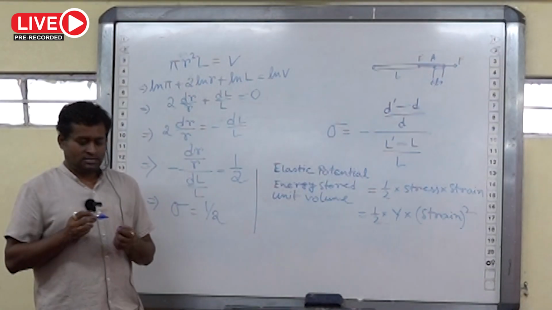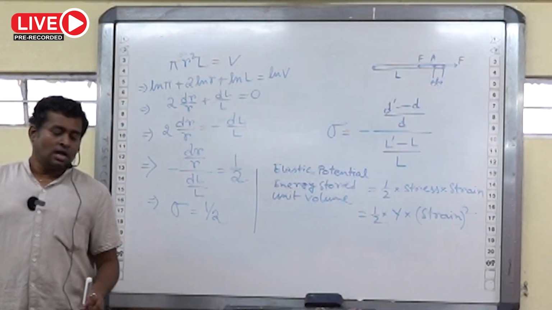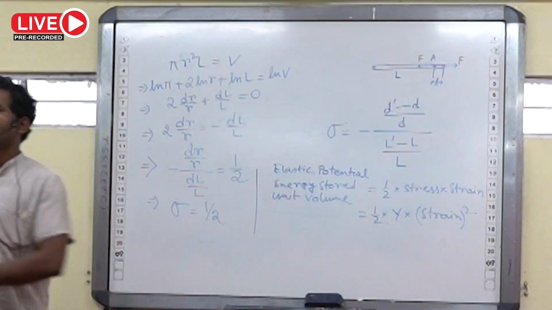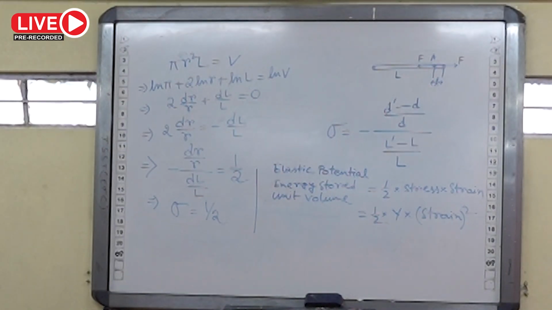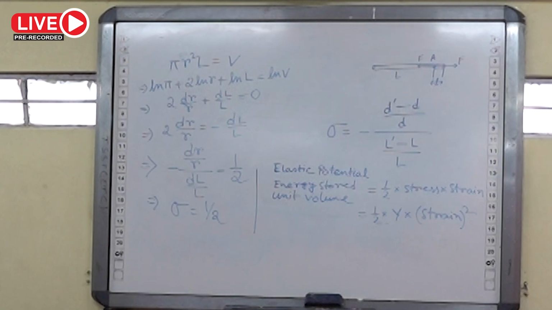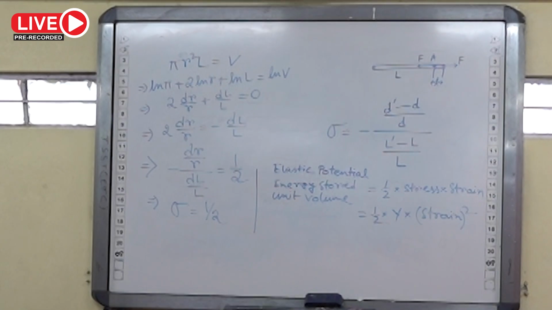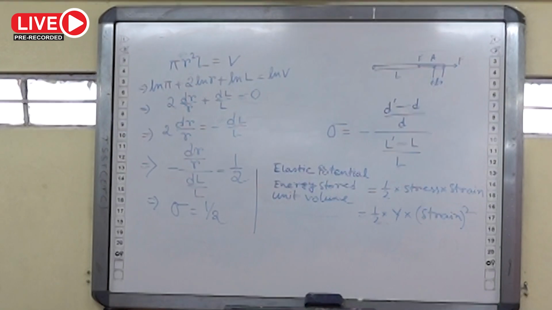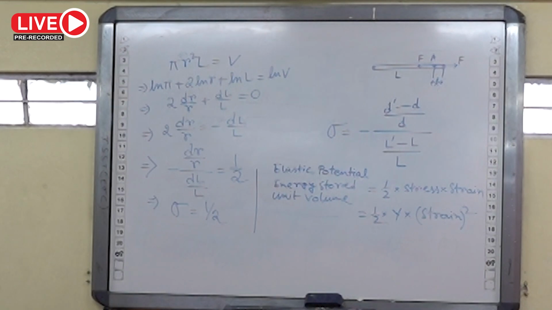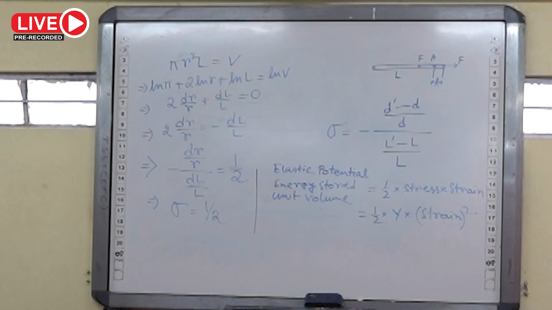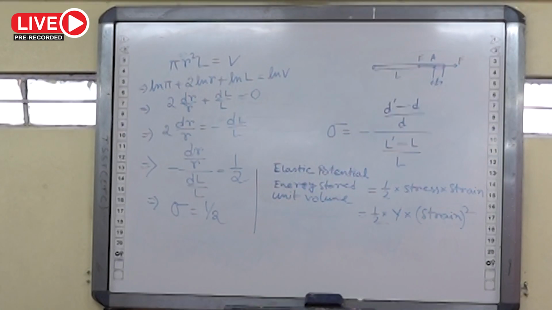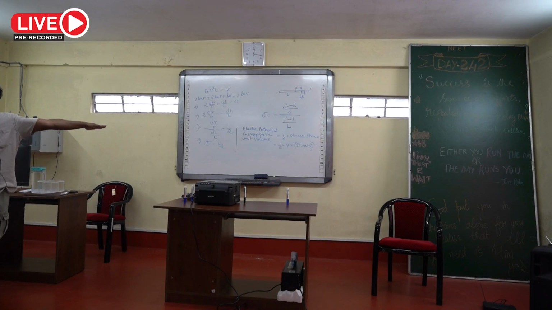Either format can be used, because if you are stretching a wire, then in the stretched wire some elastic potential energy will be stored. Then elastic potential energy per unit volume, that is elastic potential energy density. It is half stress into strain, or half into Young's modulus into strain square. These two proofs normally come in the board exams. For competitive exams, remember this formula, and if the problem comes, directly put it and find the answer.